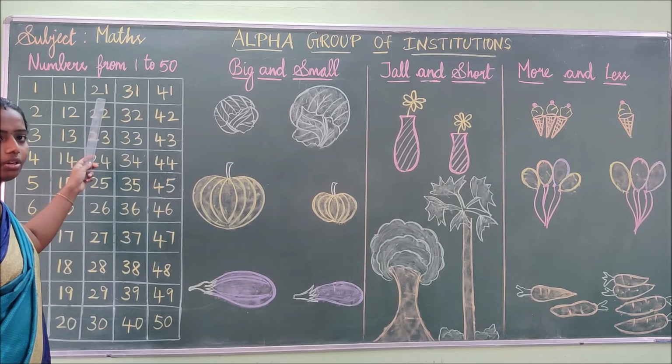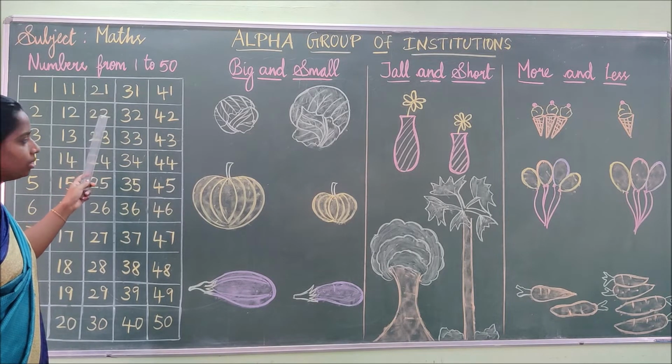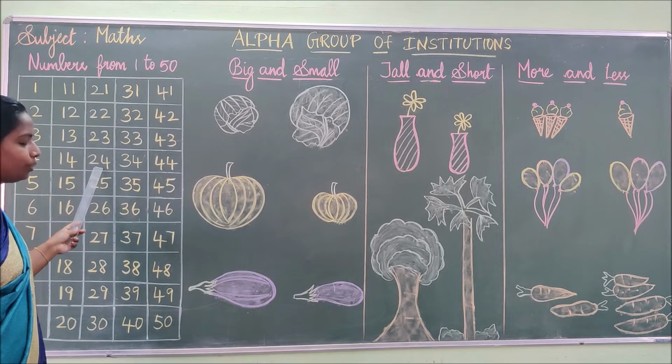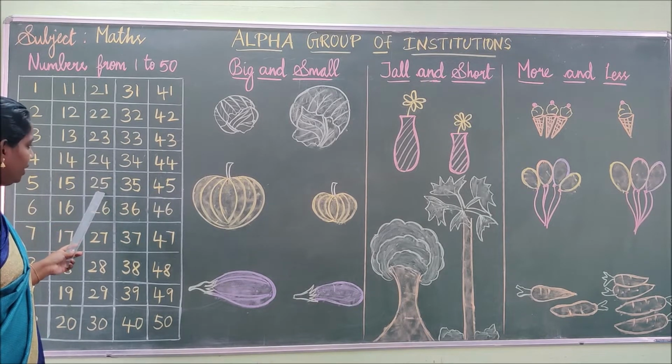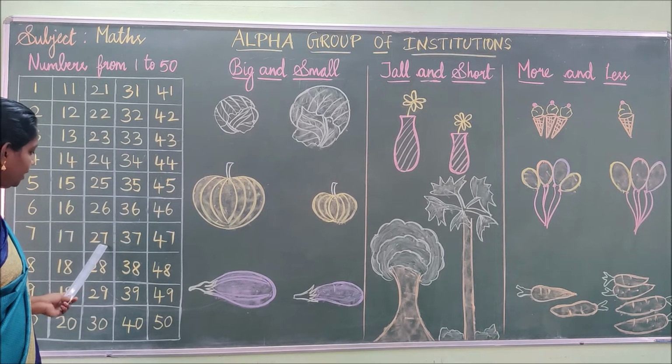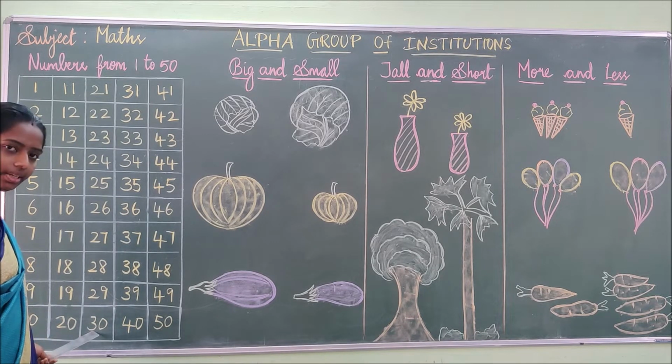Yes, very good. 21, 22, 23, 24, 25, 26, 27, 28, 29, 30.